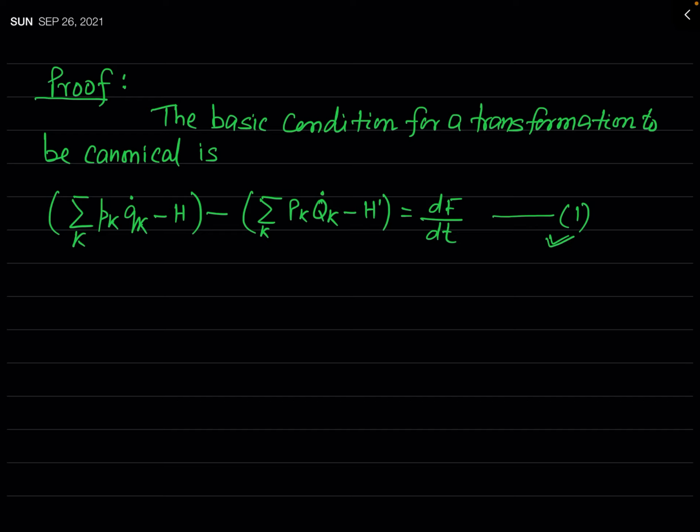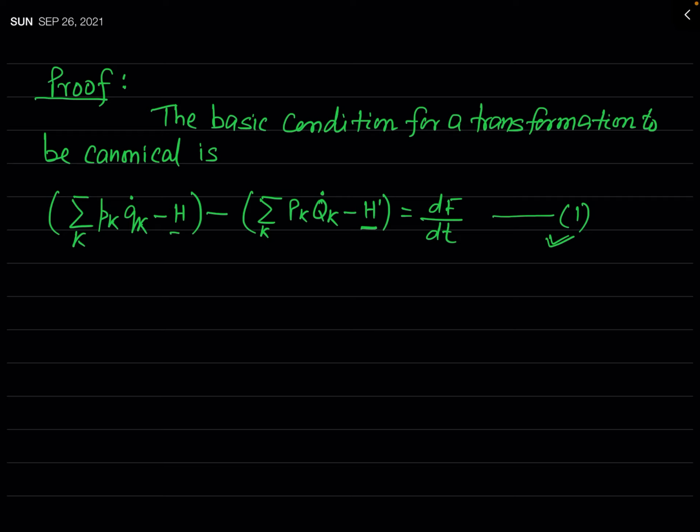So starting from this basic condition, you can easily prove the exact differential condition for a transformation to be canonical. Now the Hamiltonian of the old set of coordinate system H and of the new set of coordinate system H prime are related.